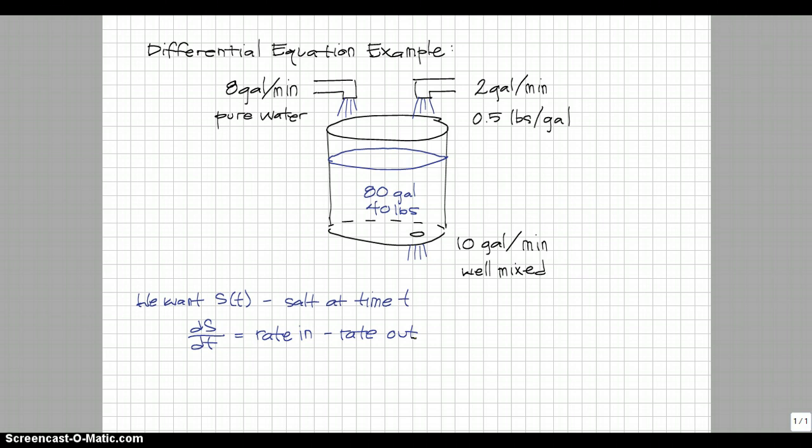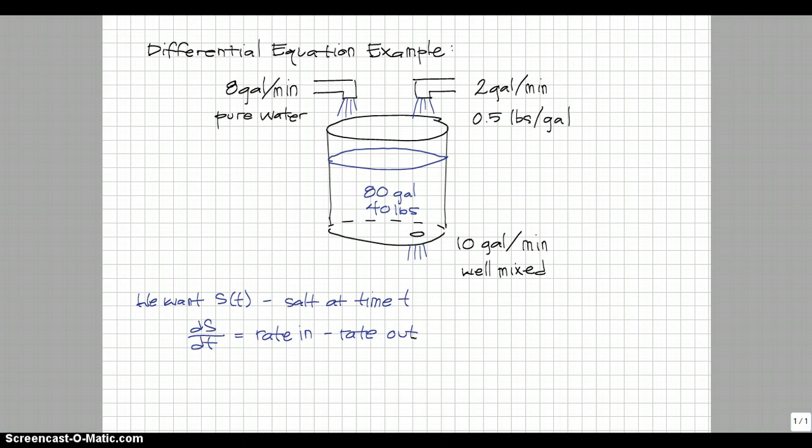So the rate in this problem is constant. It turns out it doesn't really matter about the 8 gallons per minute of pure water coming in, except for that balances our water in and water out, so that we're constantly having the same amount of water in the tank.